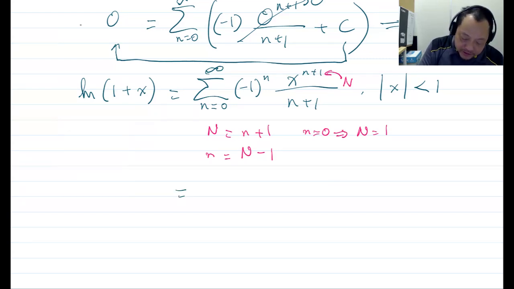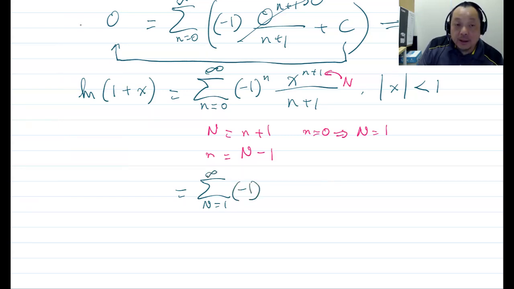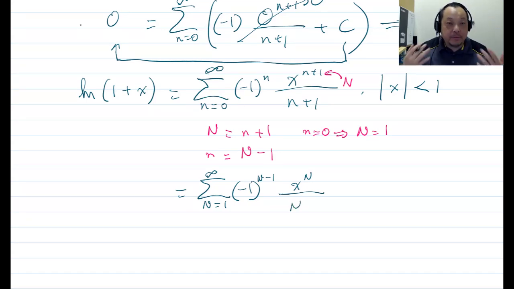Therefore, I can write my series as the sum over capital N from 1 to infinity, negative 1 to the little n, which is capital N minus 1, x to the little n plus 1, that's now capital N. And then the denominator is little n plus 1, which is capital N. So now I have my series in the form of x to the power n.